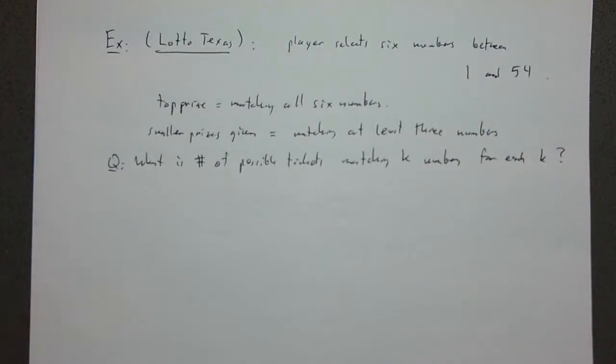Of course, you can match either 0, 1, 2, 3, 4, 5, or 6, so there's not a lot of options for how many can match, but we have to compute how many tickets exist for each of these things.